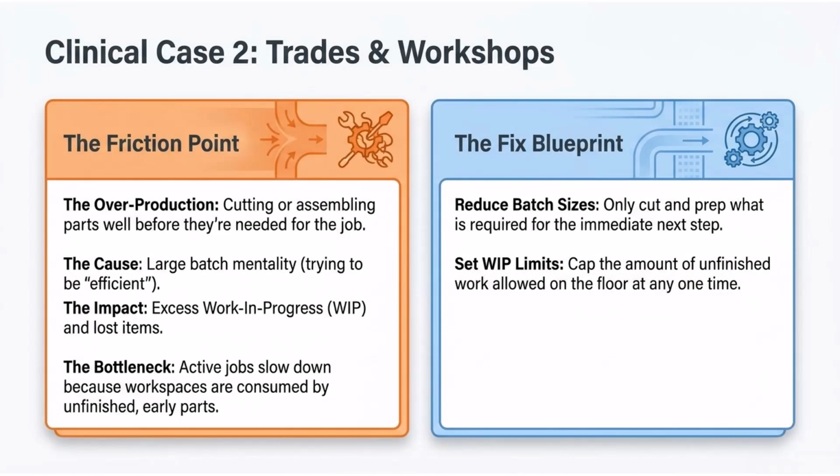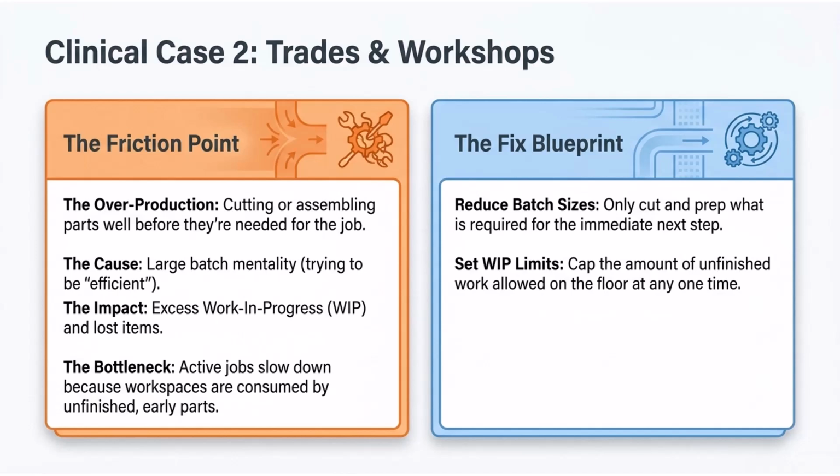This example is more about trades and workshops. The overproduction here is cutting or assembling parts well before they're needed for the job. The cause, we have this large batch mentality where we're trying to be efficient by producing way too much. The impact is excess work in progress and then lost items. And the bottleneck is that it actively slows the job down because workspaces are consumed by unfinished early parts.